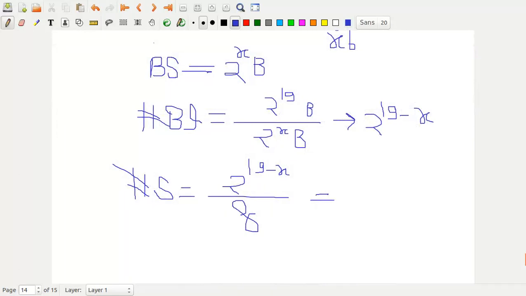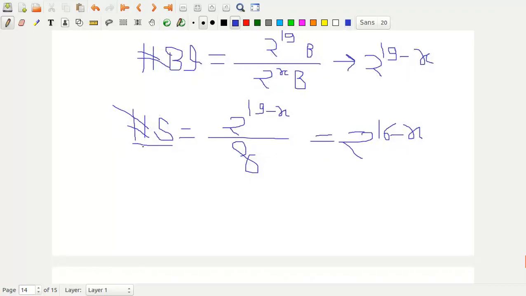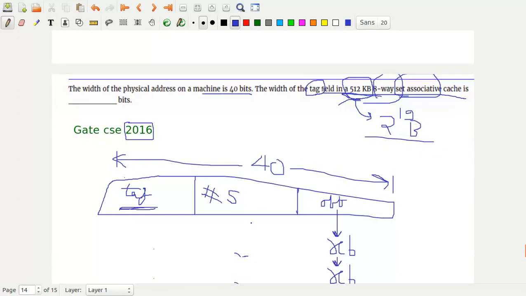So number of sets will be 2 power 16 minus x. So number of sets is 2 power 16 minus x. So the bits required to represent this number of sets will be 16 minus x bits.